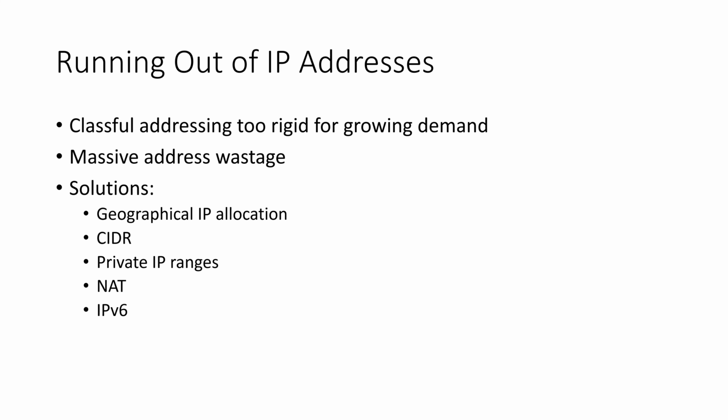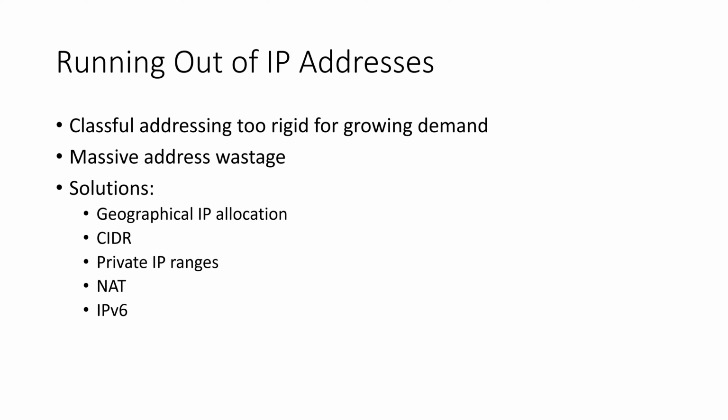So as networks expanded, classful addressing quickly became impractical. The fixed structure caused significant address wastage. For example, Class A networks had over 16 million addresses each, far more than most organizations ever needed. As demand exploded, solutions like geographical IP allocation, private IP ranges combined with NAT, and most importantly, CIDR or classless interdomain routing emerged.